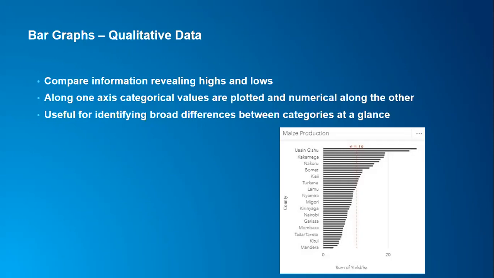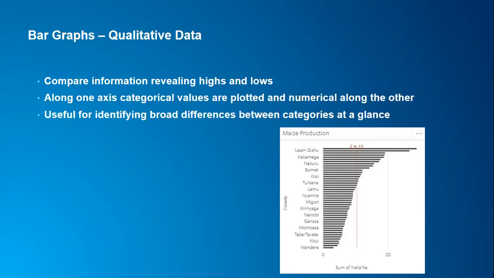The very first one we're calling bar graphs or bar charts, and what you're looking at is an example of a bar chart. We normally use bar charts when you're working with qualitative data. For example, the bar chart here shows maize production across Kenya, right? Normally, how a bar chart works is that one axis will contain categorical values and the other axis will contain numerical values.